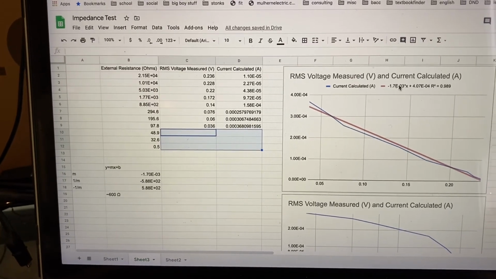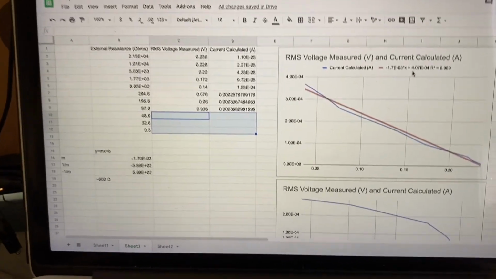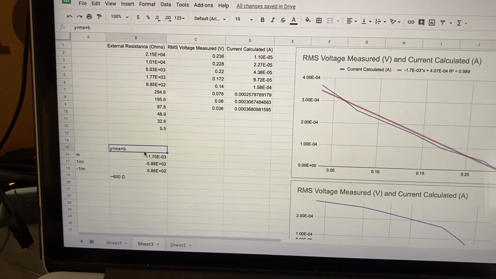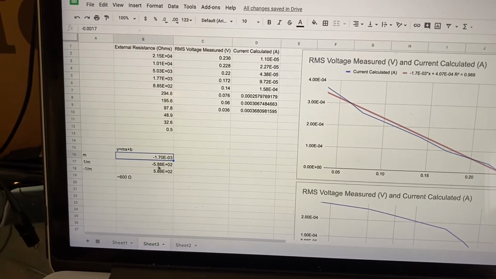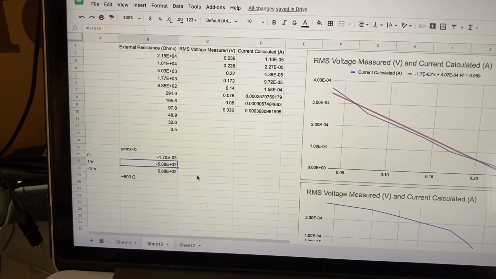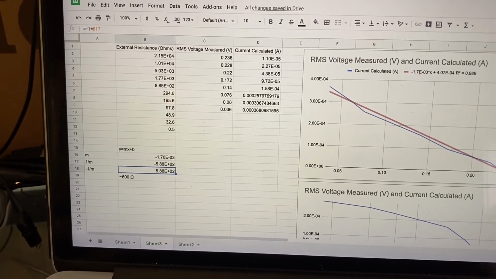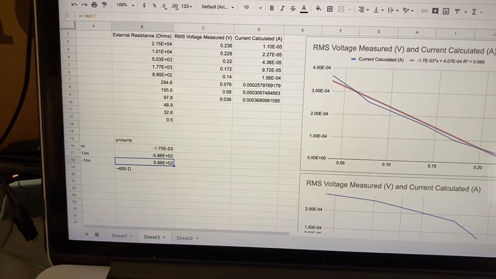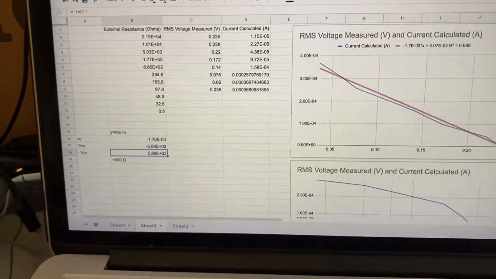Here's just a least squares regression trend line. If we take the equation it gave us, here's the slope, here's the inverse of the slope, and here's the negative of the inverse of the slope, and that's about 600 ohms for the internal impedance.